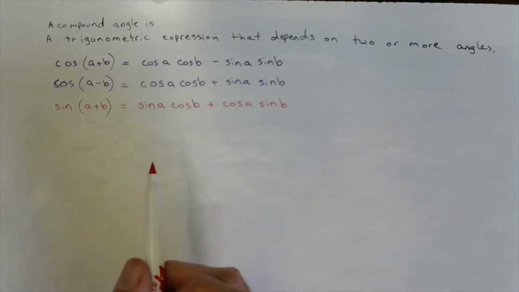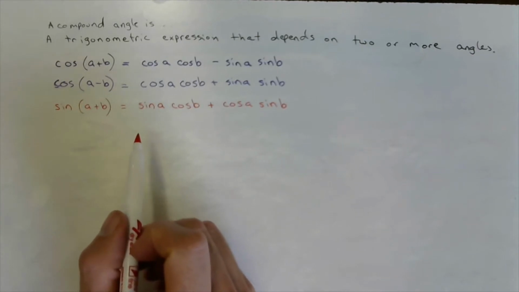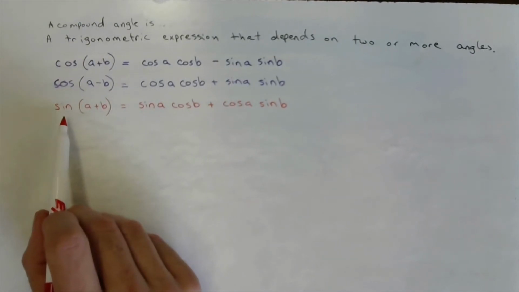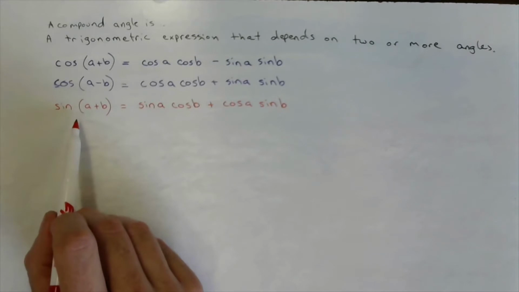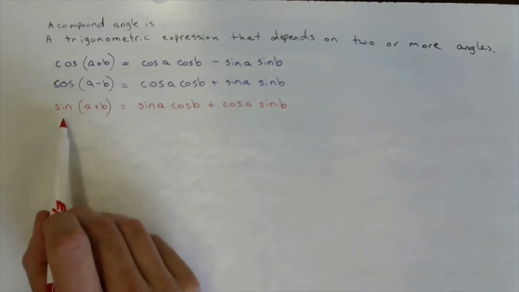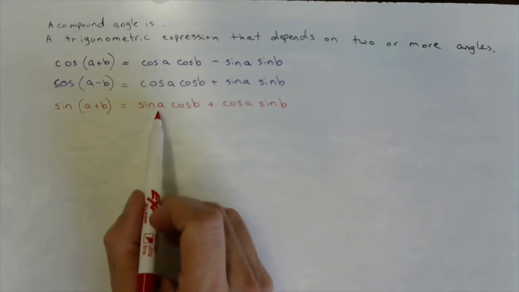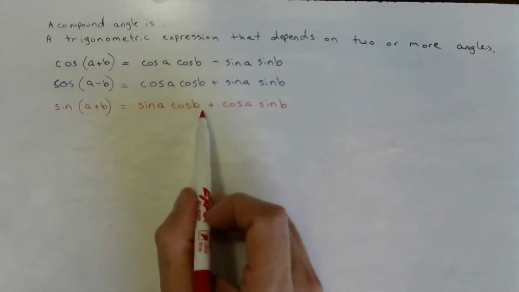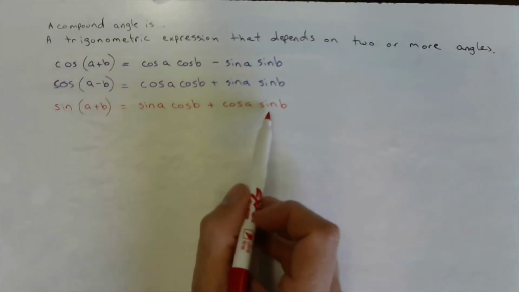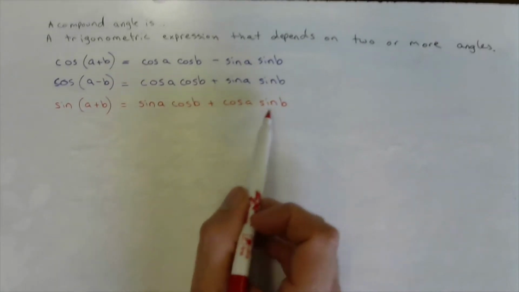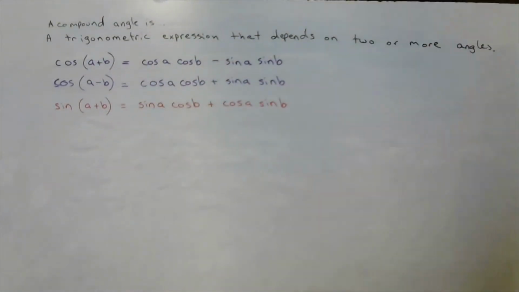You'll get used to it and you'll actually probably memorize them. The addition formula for sine has sine times cos, where you have A and B, and then you're adding it to cos times sine, A and B. Okay, you could do that a couple different ways.